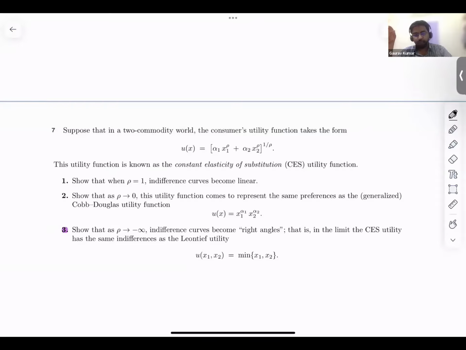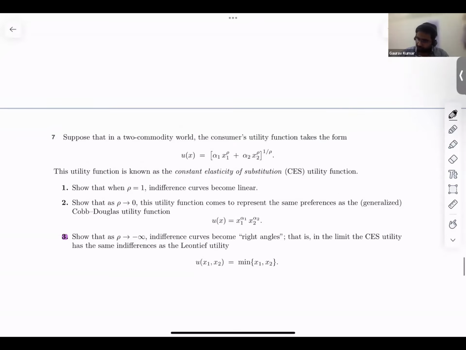But for now, I'll only solve 3 in question 7 and you can try the others. Part 1 is very trivial: you just substitute rho equal to 1 and you get the indifference curve for the linear utility representation. Part 2 is a bit tricky and conceptual also, but has the same concept that is used in part 3. So I'll solve part 3. Now let's move on to the solution.